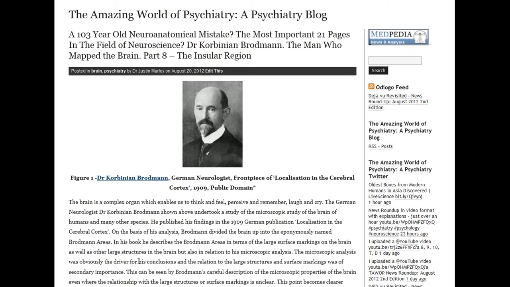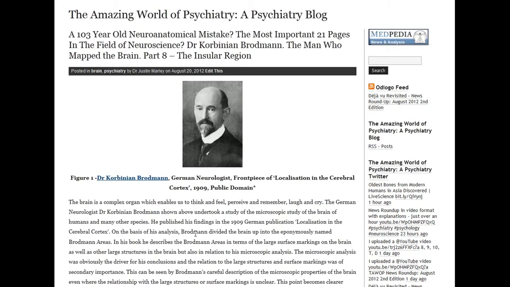He was a German neurologist who in 1909 published the localization in the cerebral cortex, which became a tool for researchers on the brain to communicate their findings with reference to some of the surface landmarks and other macroscopic features of the brain, the large structures in the brain.